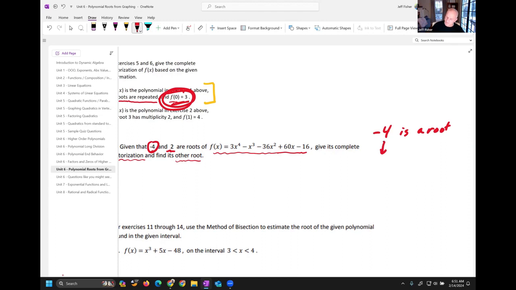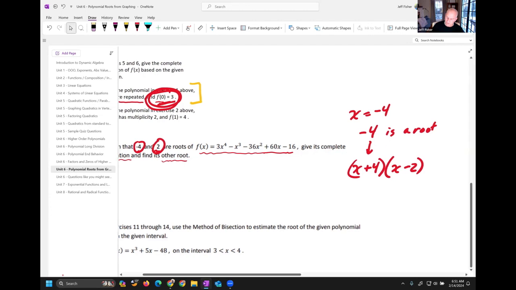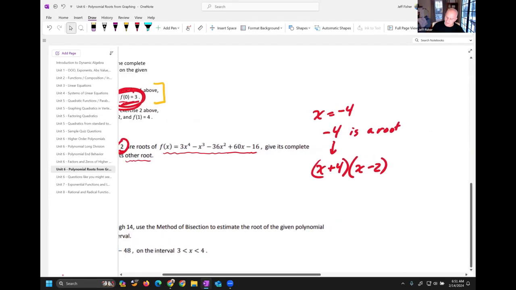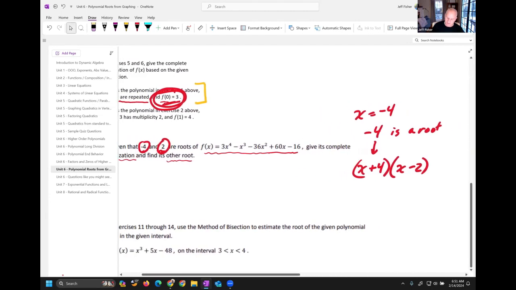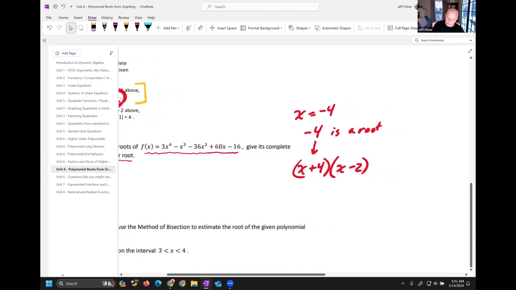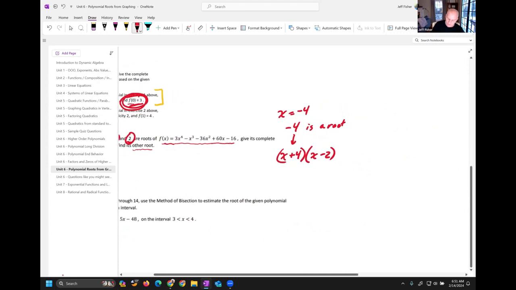If x equals -4, which means it crosses the x-axis at -4, that means that x plus 4 is a factor, okay? And it also means that x minus 2 is a factor. So we know that x plus 4 and x minus 2 are factors, and we have this really, really long polynomial here. How do we find the other factors?